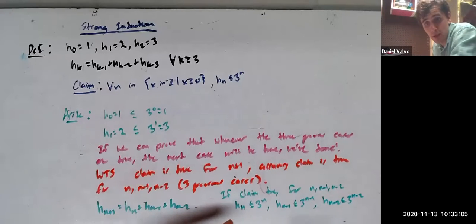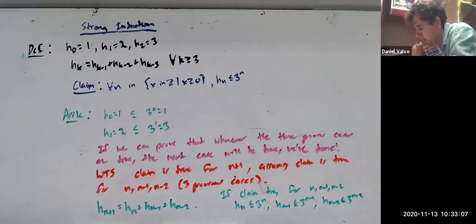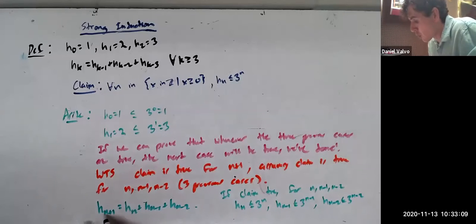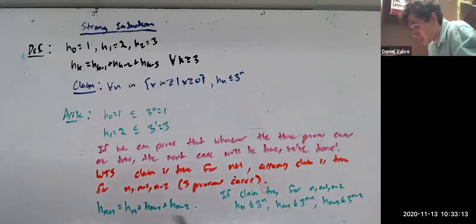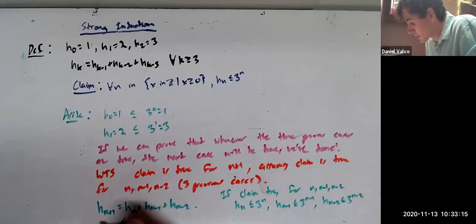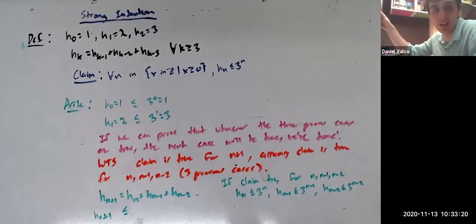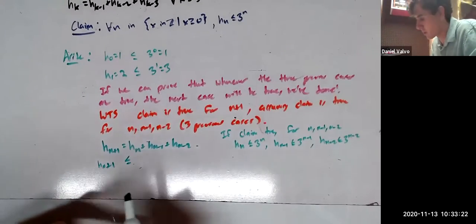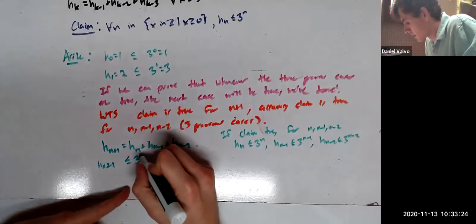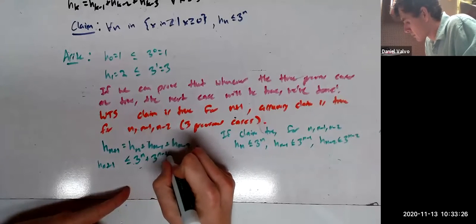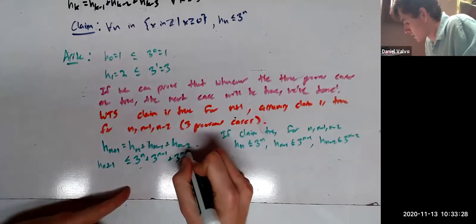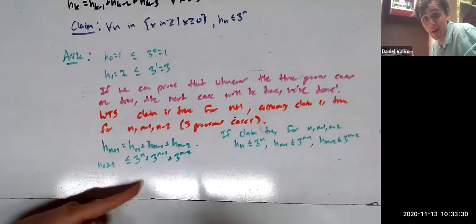That's just what it means for the claim to be satisfied for these three h's. And so in the formula here, since h of n plus 1 equals h of n plus h of n minus 1 plus h of n minus 2, it's certainly going to be less than or equal to 3 to the n plus 3 to the n minus 1 plus 3 to the n minus 2, right? We just replace everything here with something that's bigger.